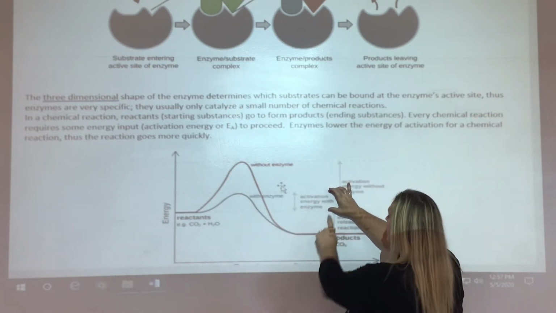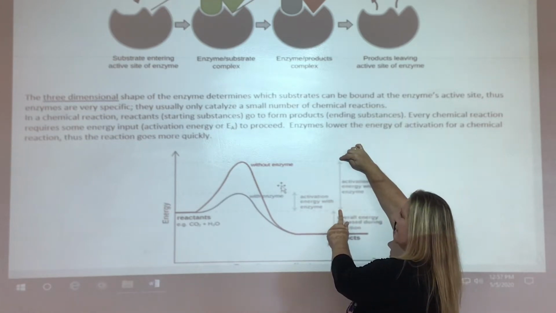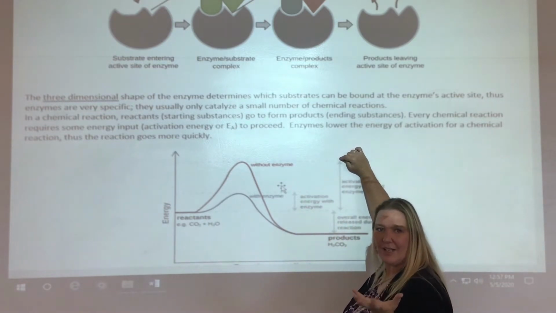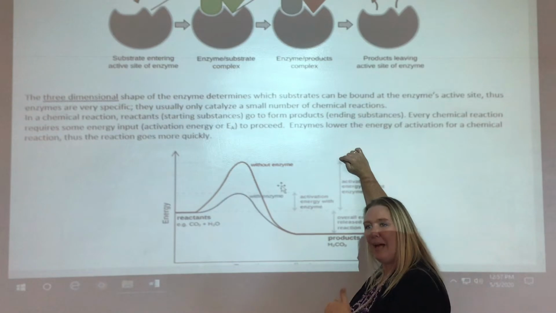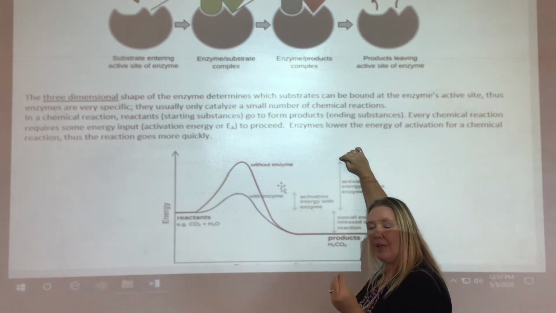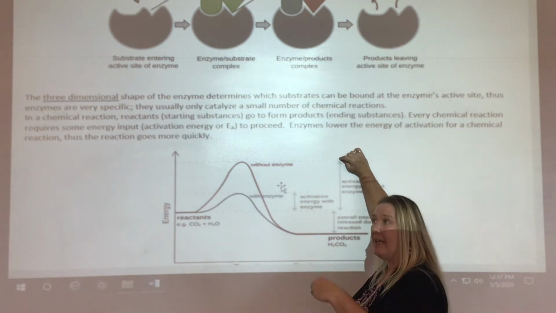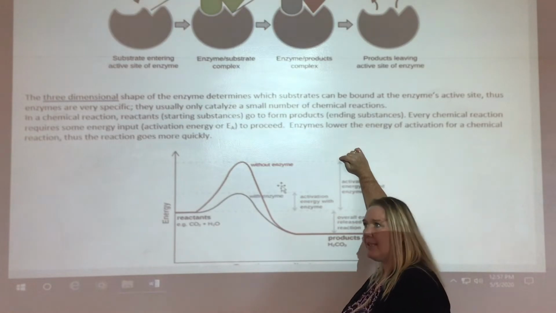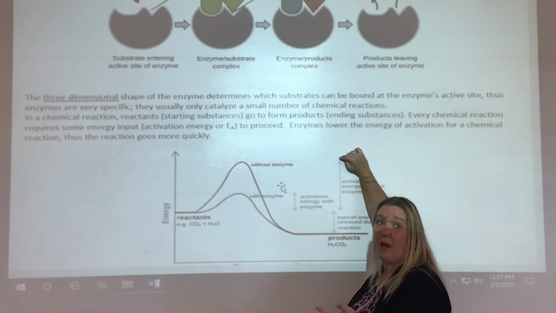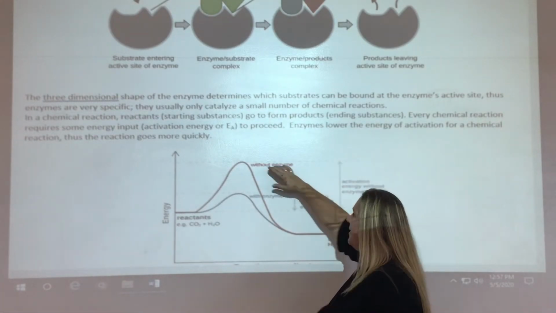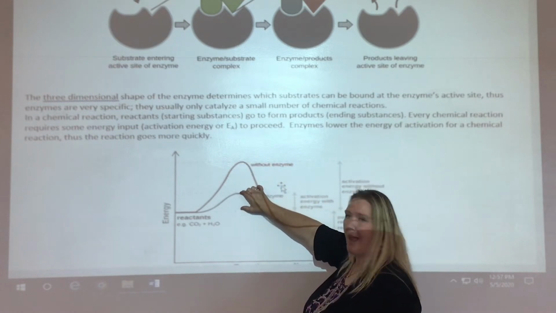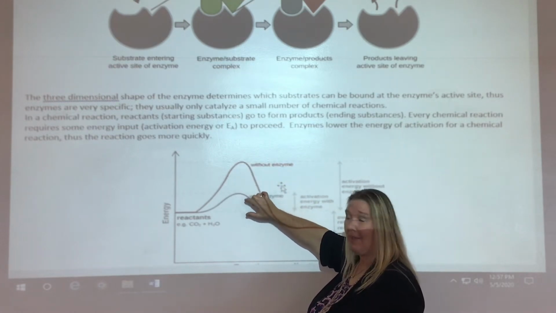Okay? Versus this much. And on a graph like this, it doesn't look like a huge deal, but in your body, every single energy molecule matters because you have reactions happening all the time, everywhere, and so do other living things. And so you want to be smart about how you are expending that energy.